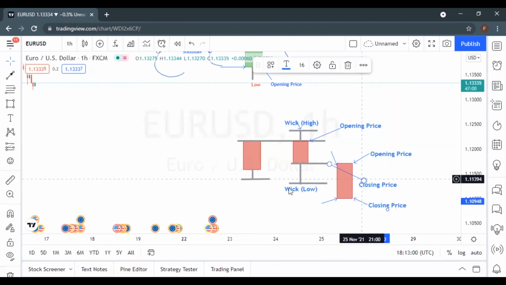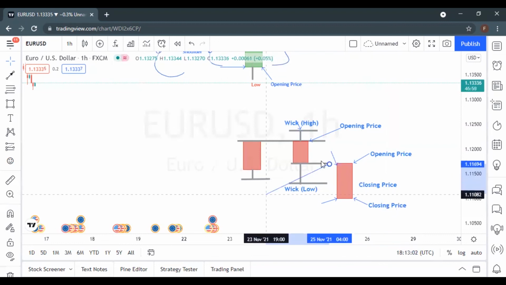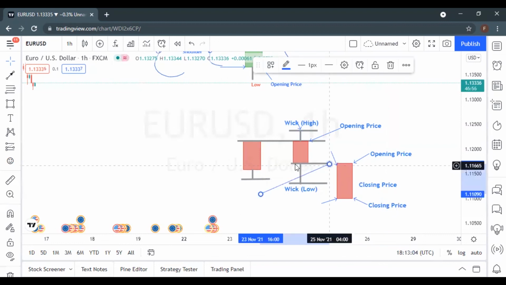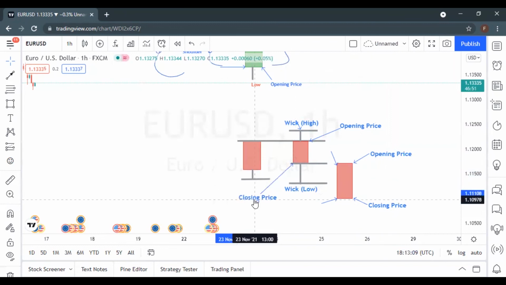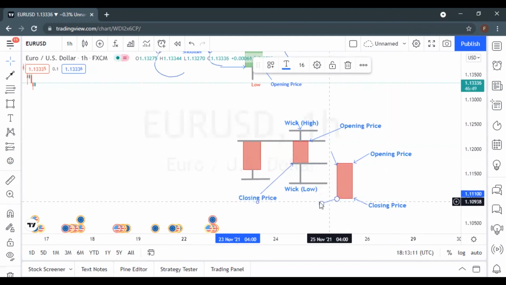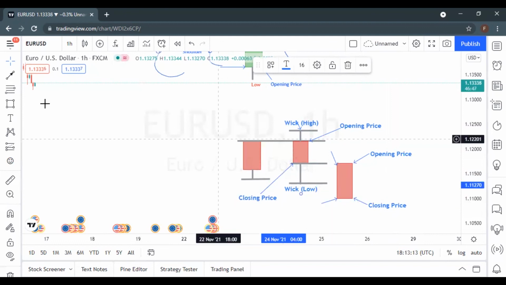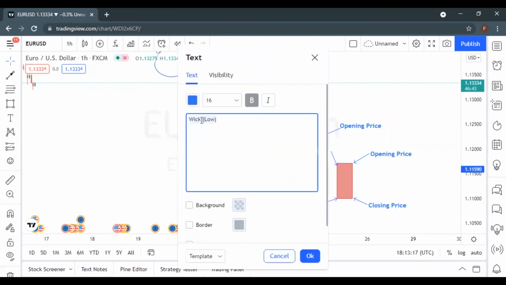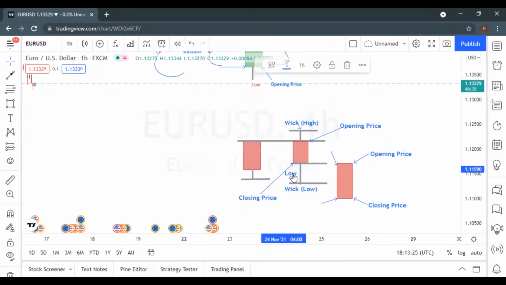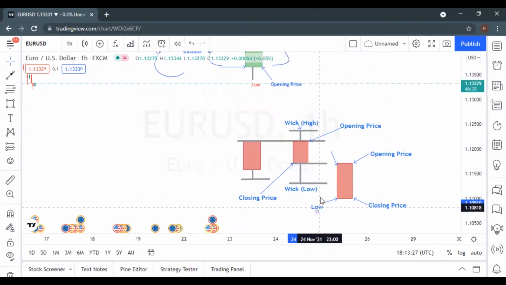So let's just move this here so that we don't confuse anyone. So this will be our closing price. Then this is going to be our low. It's going to be just a low, no wicks there. So let's just put it here.